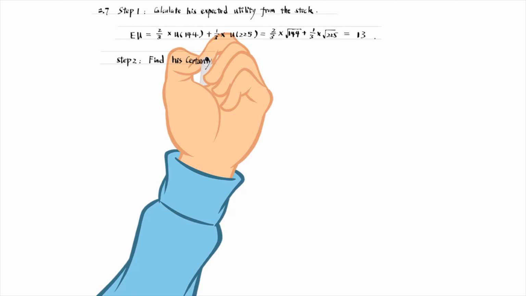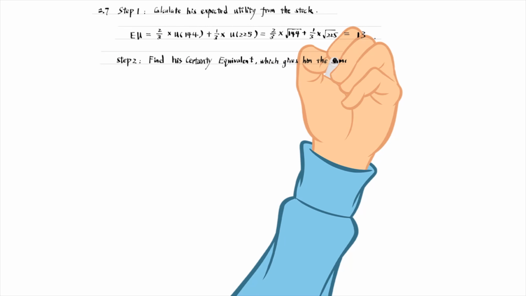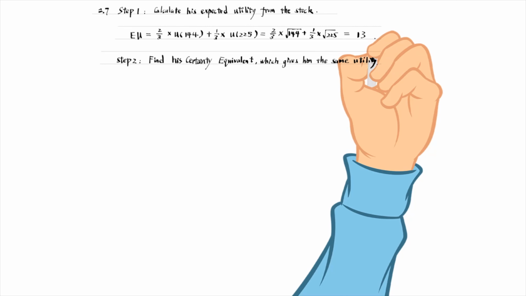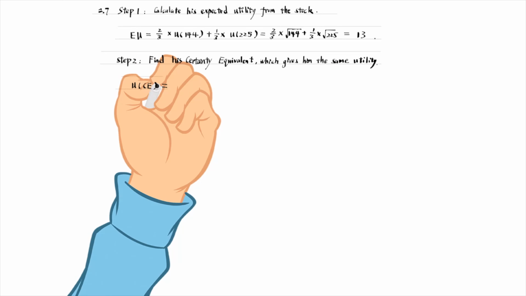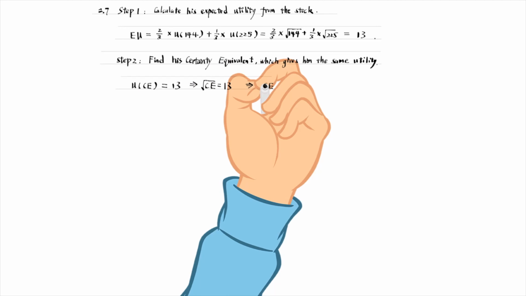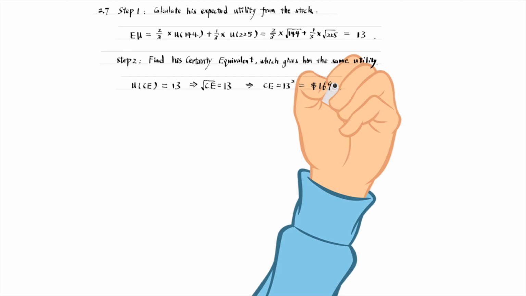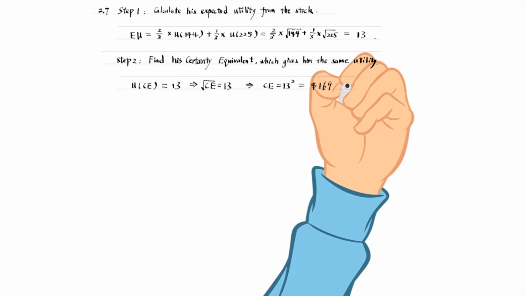In the second step, we find his certainty equivalent. The certainty equivalent is the amount of certain wealth that produces the same utility as the risky option. The certainty equivalent is $169.